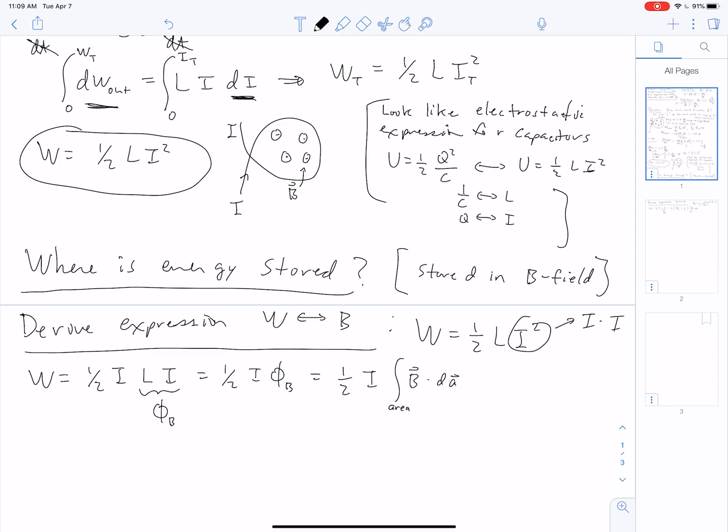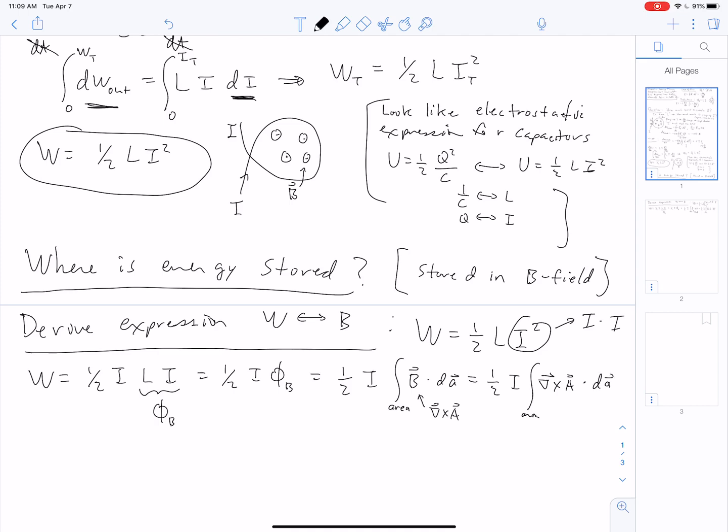And now what we can do is we can still rewrite this, because now we know that B is equal to del cross A. So we assume that there's a vector potential. There always is. And so now we can write it in terms of the vector potential. So we have here the integral over area of del cross A dot dA.